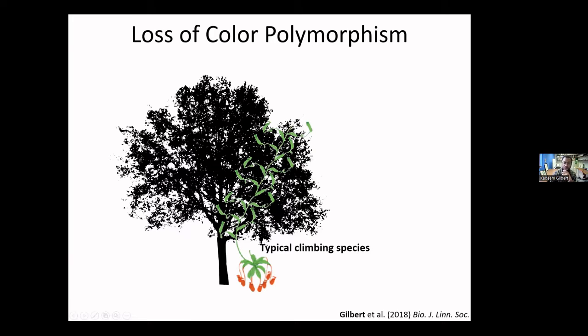So your typical climbing species like this, you see as I just presented, where the arboreal pitchers begin to go more green compared to your red lower pitchers. Very interestingly, I found that the evolution of an epiphytic habit was correlated with a loss of color polymorphism.